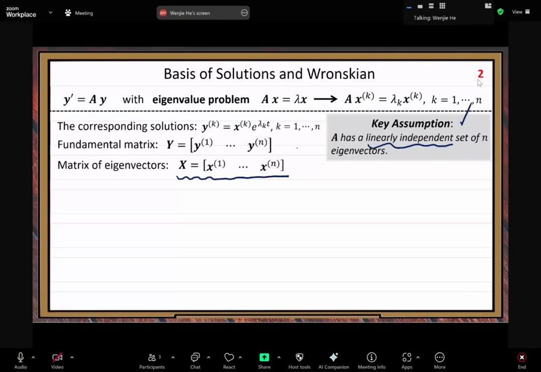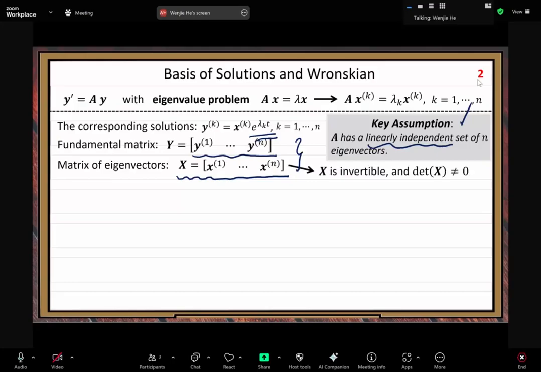The Y matrix and the X matrix are correlated; they are slightly different, so we want to use different notations for them. Each Y vector contains the exponential function part, while each X vector does not contain the exponential part. That's the main difference.